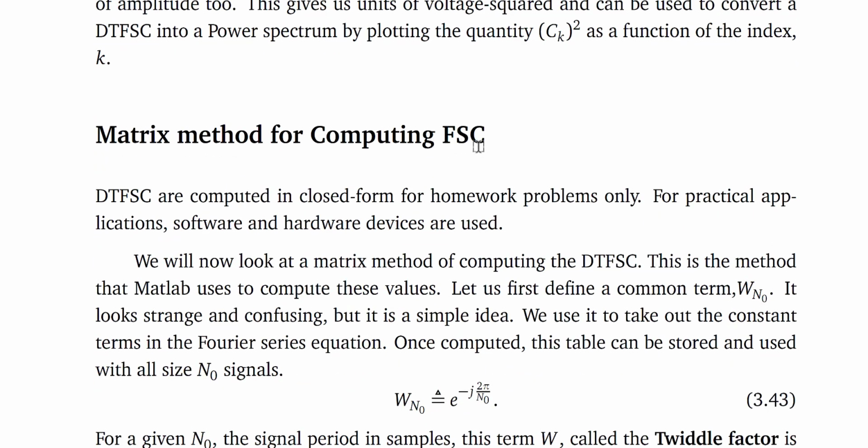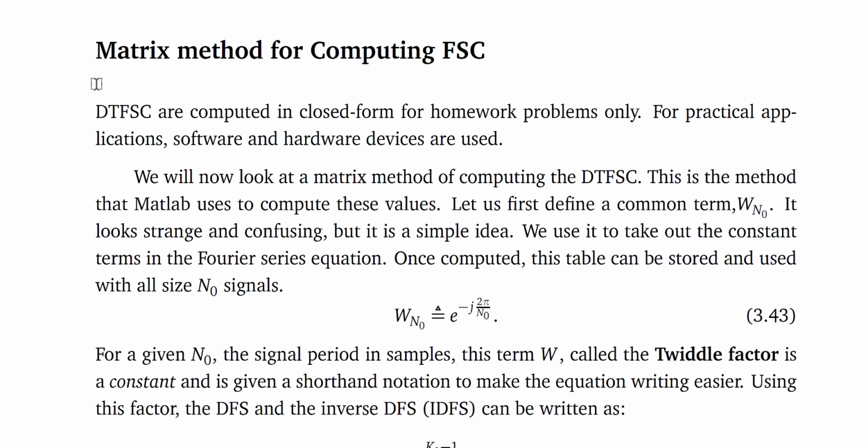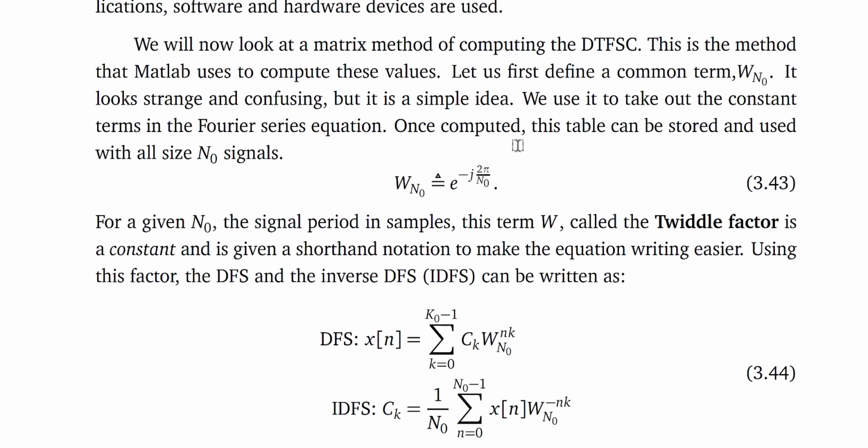Now there's an alternate method. You saw that computing the discrete time Fourier series coefficients looks pretty difficult, something that you would do for homework in school, and certainly not something that's used in the industry, where a matrix method is used for computing these coefficients. To do that, we define something called a twiddle factor, and you can see that we define it this way.